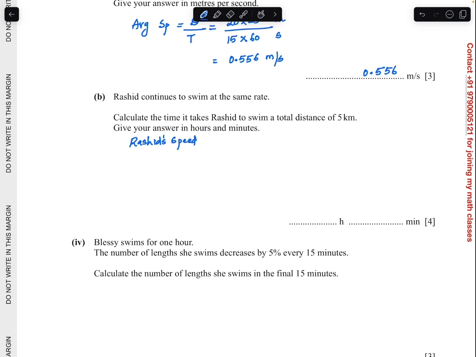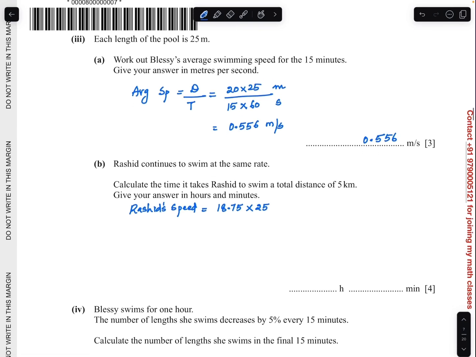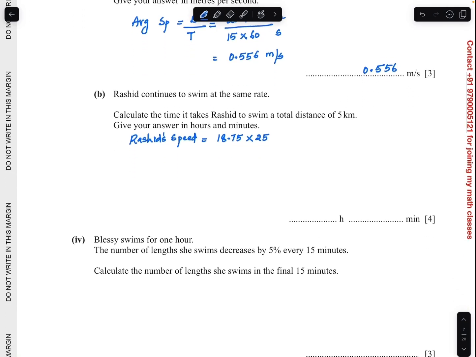The same again, distance by time. So 18.75 is the number of lengths that was given in the table, times 25, each length 25 meters, divided by 15 times 60. So this we get in meters per second, right?